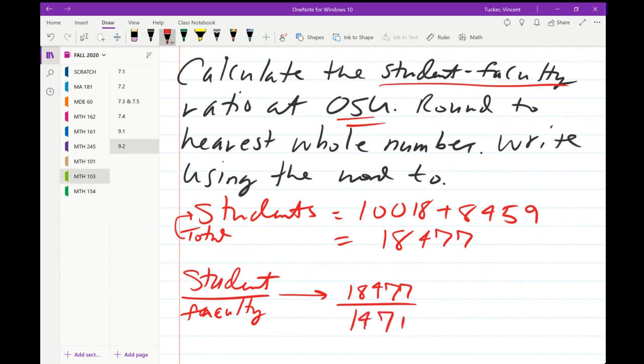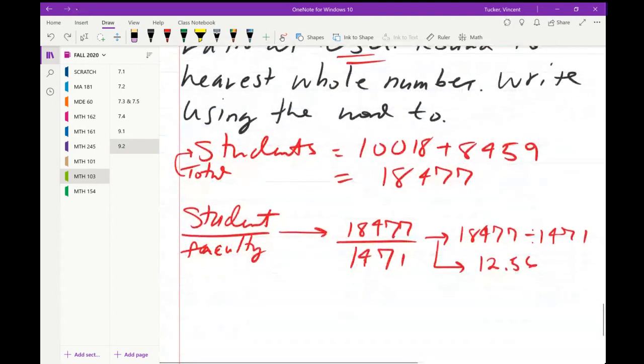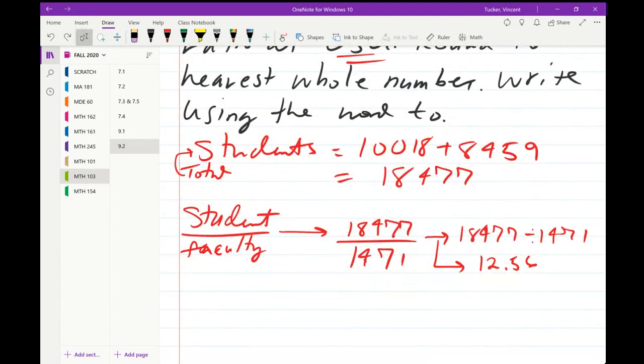Faculty number for OSU was 1471. All right, so when we divide those out, we get 12.56.